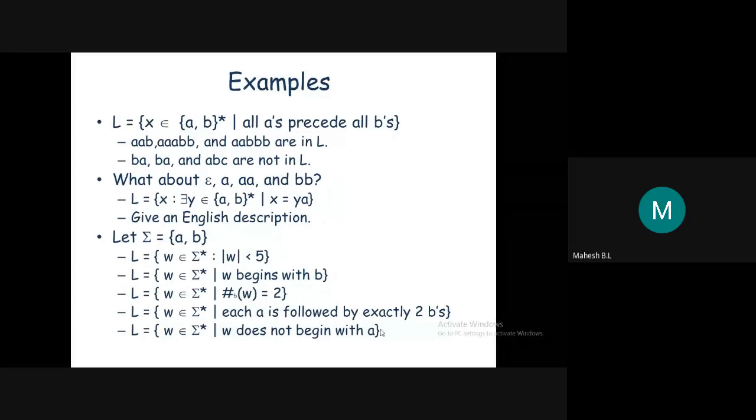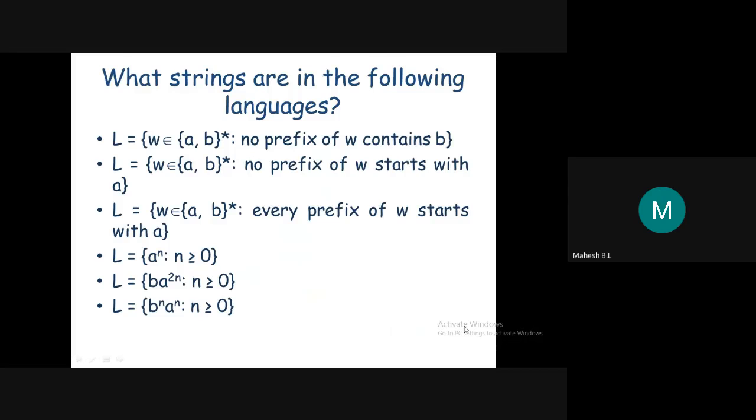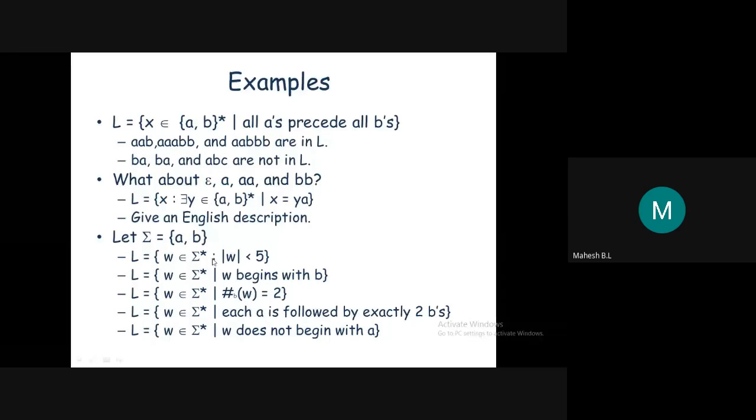So now you know how to define languages. I hope you understood this notation for defining languages. Whenever you encounter this kind of definition, you can clearly understand which strings belong to the language and which don't.